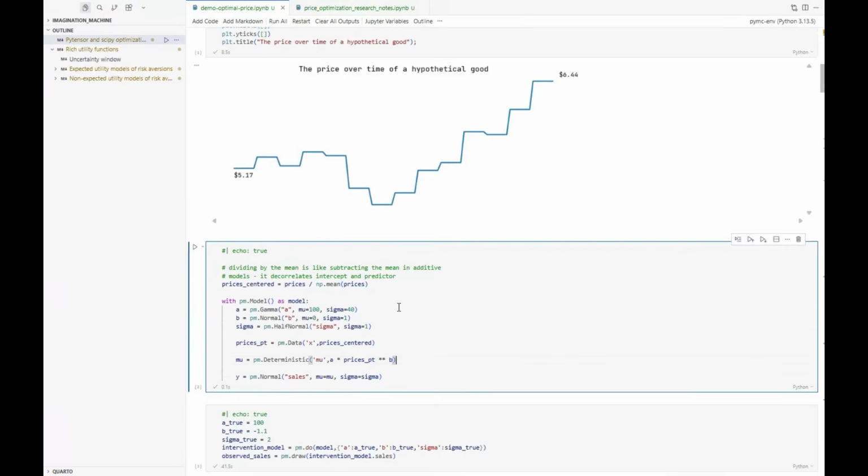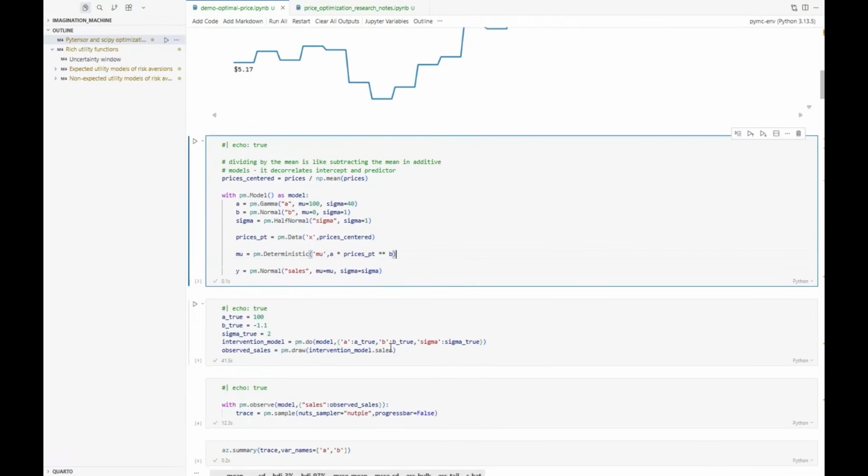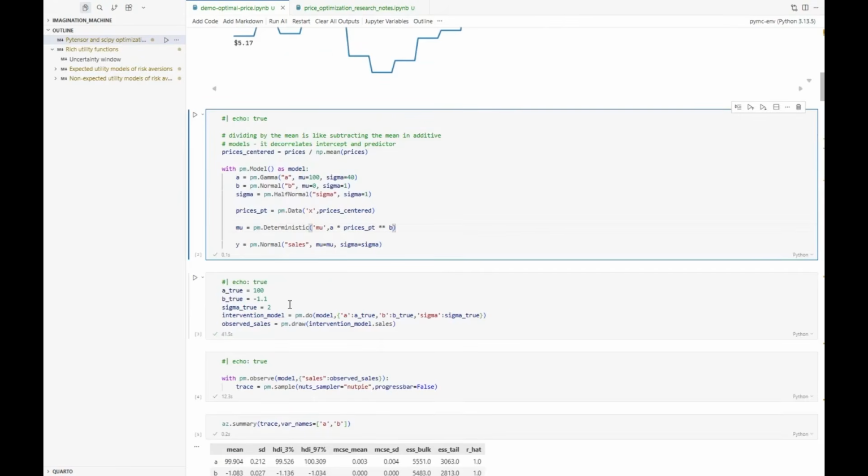To set up the problem, we're just going to pick some arbitrary true parameters, intervene on the model to generate sales data that obeys those true parameters, and then relearn the things we already know: relearn the true baseline sales, and relearn the true price elasticity.